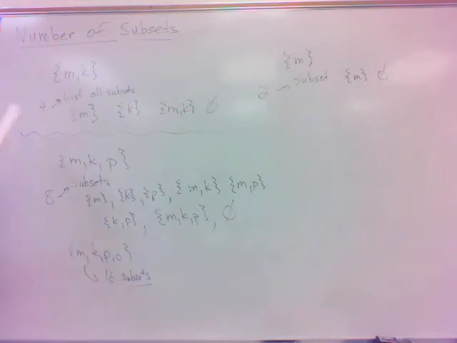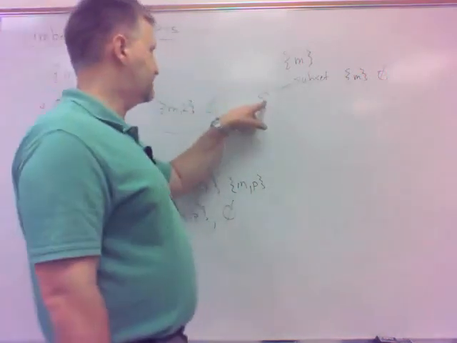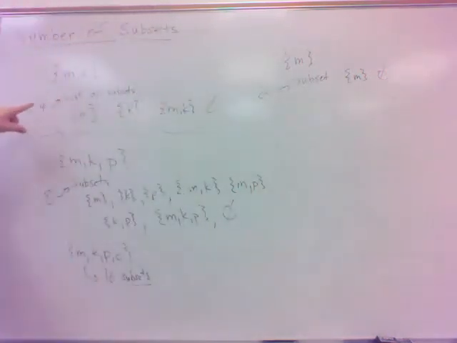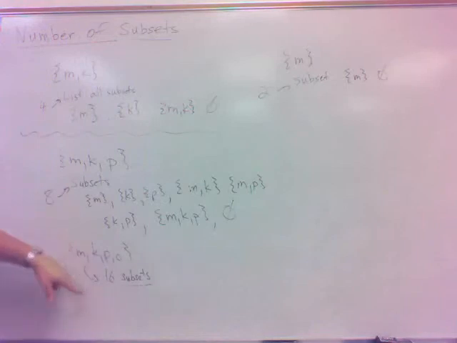Every time you add an element, you double the number of subsets you have for that set. So if I went to 5 elements, it would double up to 32. So there's a doubling process. But there's even a stronger thing we need to mention here. If you notice here, these subset numbers, I got 2, 4, 8, and it does go to 16. That would take a while to list all those, but there would be 16 of them.